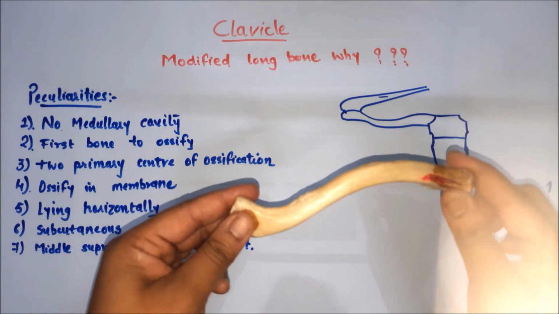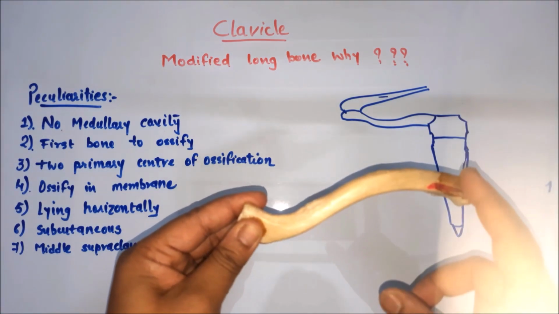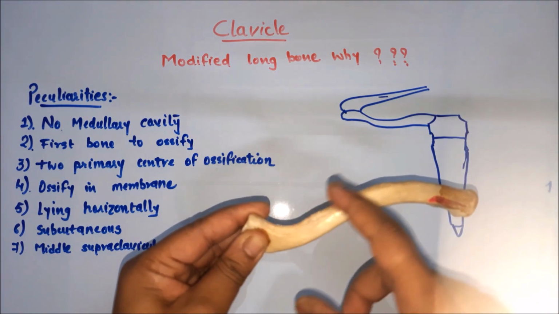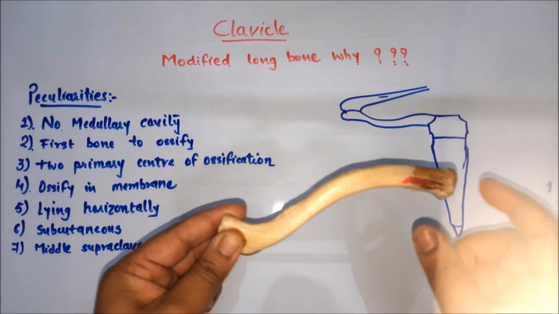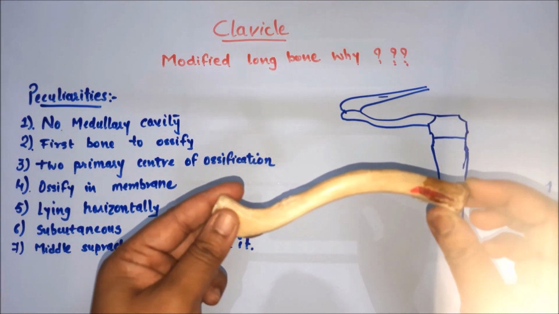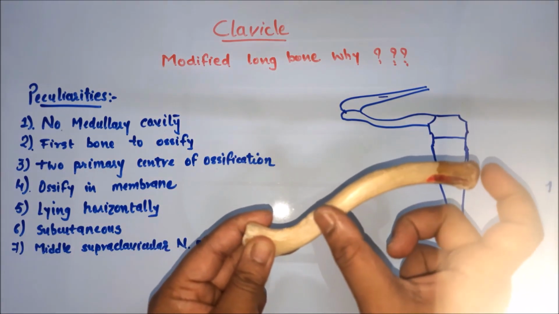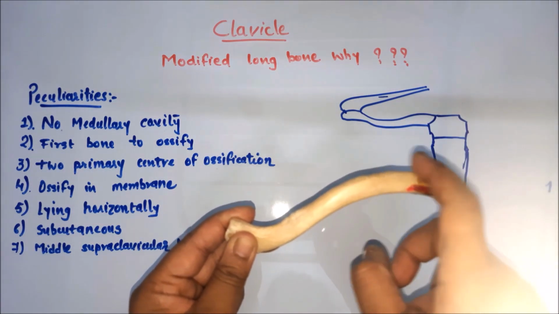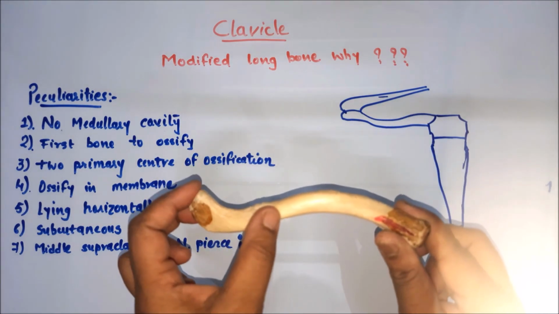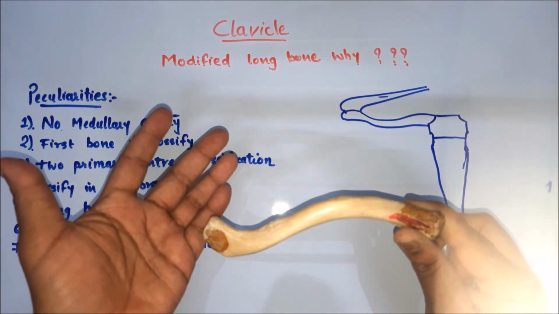You can see this shaft has an S-shaped curvature, in which it has a concave and a convex part on the anterior side. So this bone has a medial 2/3 portion which is convex anteriorly, and a lateral 1/3 portion which is concave anteriorly.